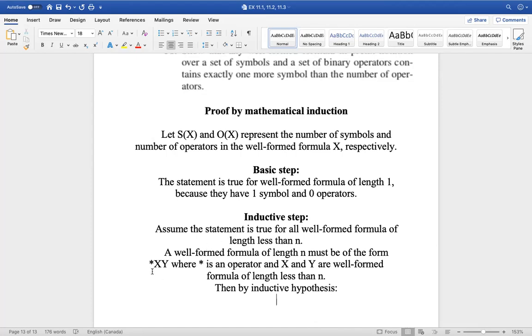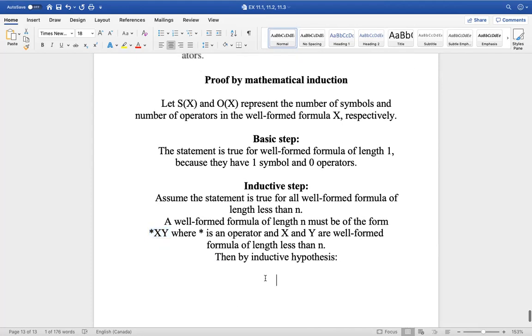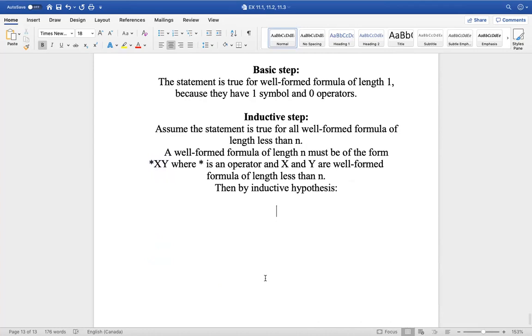Here we have this operator, it can be any operator, and x and y are basically well-formed formulas of length less than n. So then we have to now do the inductive step.